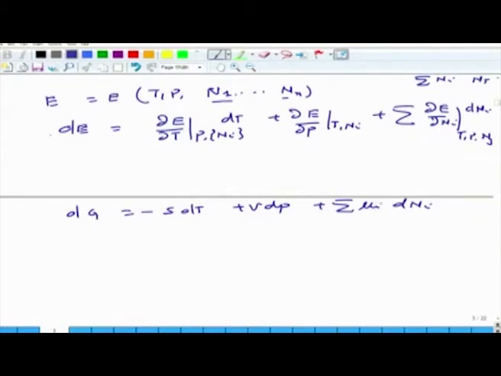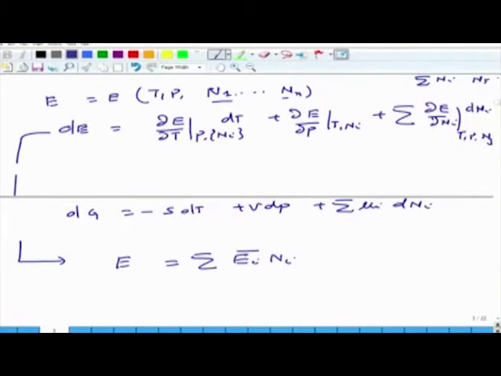Given this, you can integrate and obtain a generic expression using Euler's theorem as nothing but the partial molar property of E multiplied by Ni.